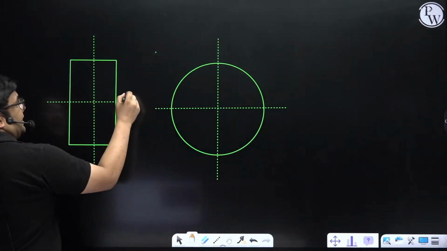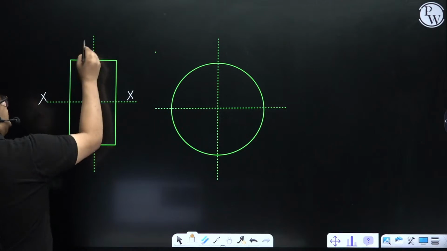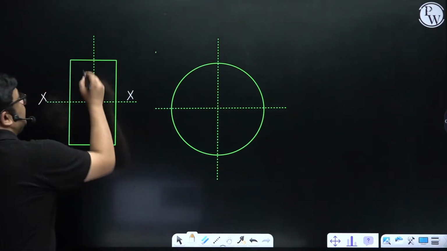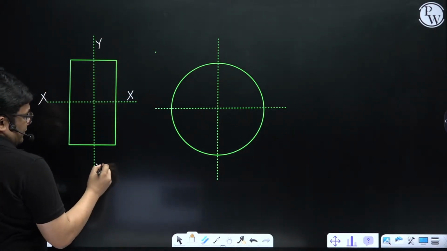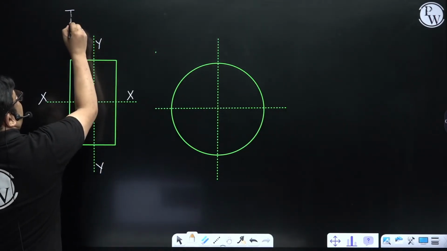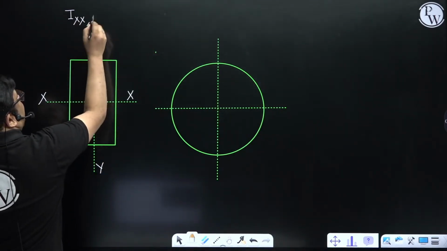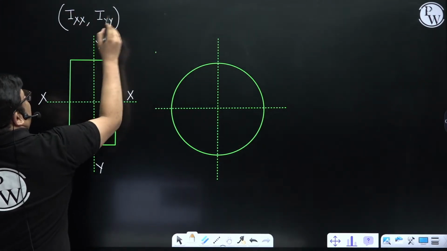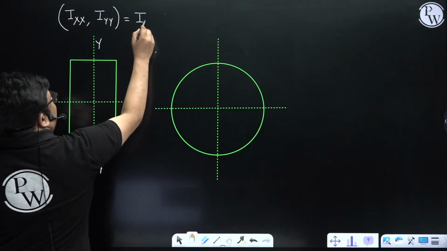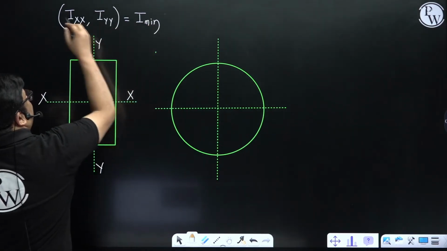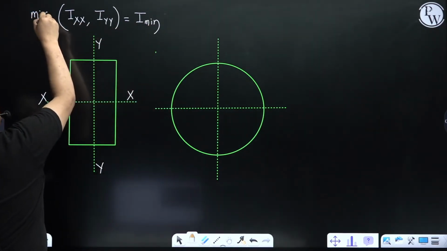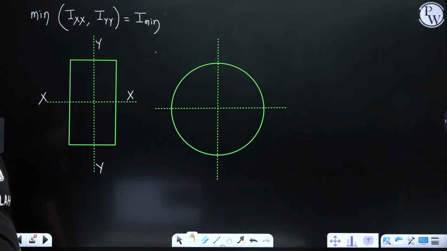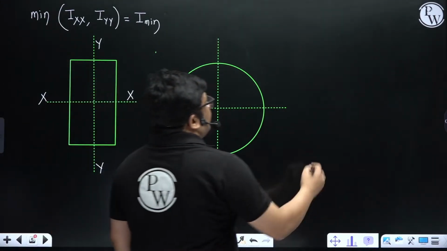So a rectangular cross section will have Ixx and Iyy, and both will be different, and we have to take the minimum of them in the buckling load calculation.